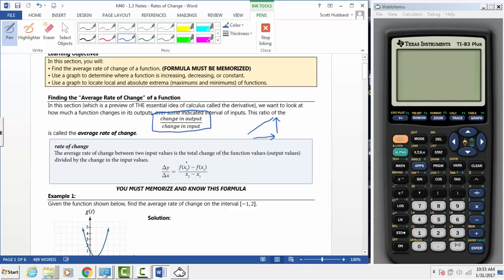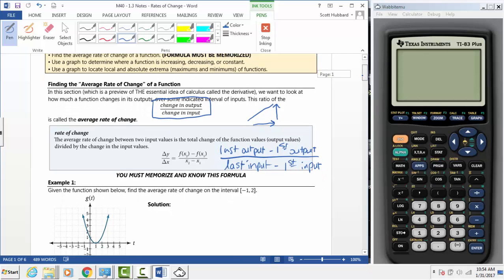You take the last output minus the first output. I'll write this in English. Because remember, these are y values. F of x is a y value. And you divide by the last input minus the first input.